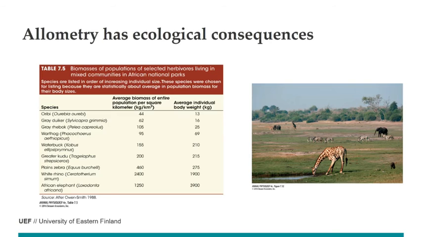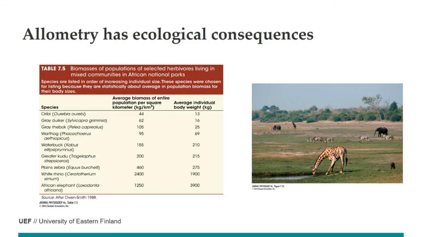Then this allometry also has ecological consequences. Over here we have some animals living in the African savanna. From these you can see the average weight, with the African elephant at the bottom being the heaviest one.